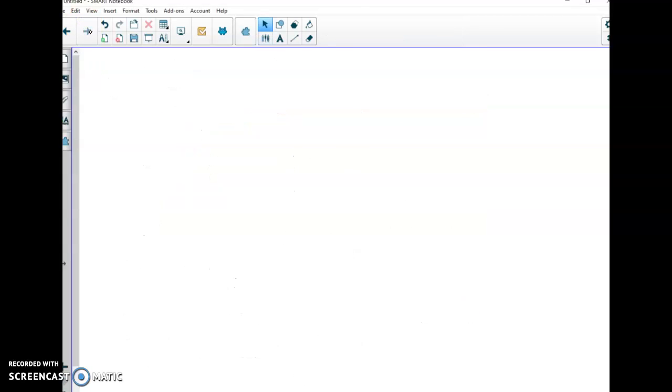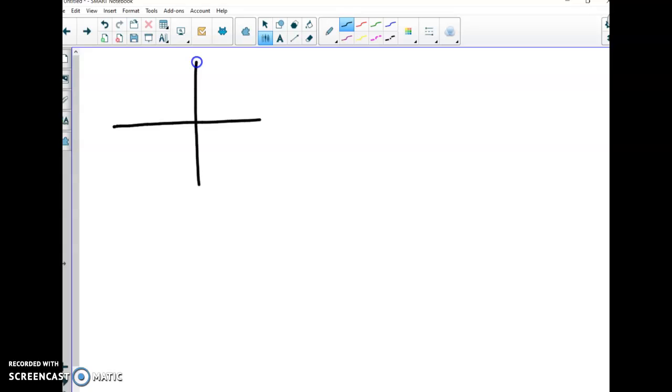So that was a basic graph. Now we're going to get a little bit more complex graph. Again, not worried about precision on this.